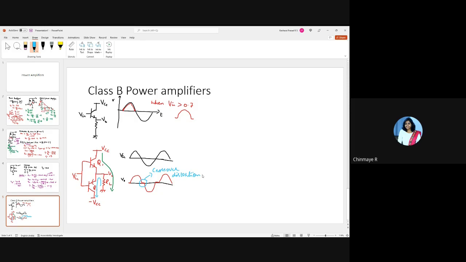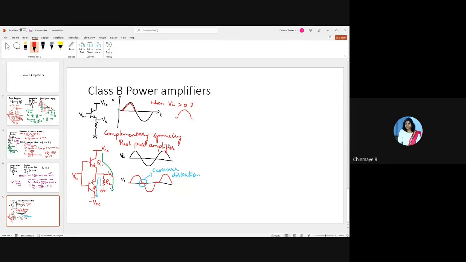Okay. So this is called, please make a note. Let me also write it down here. This amplifier is called complementary symmetric push-pull amplifier.